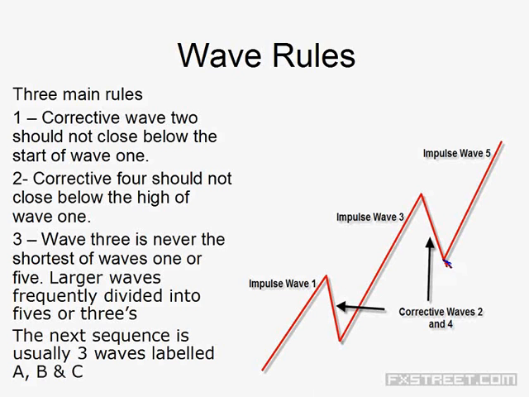And corrective wave 4 does not want to close below the peak of wave 1. Okay. Now we may well get some intraday or indeed interbar activity that will encroach on the peak of wave 1. But provided we don't get a close, then we've still got the potential for a valid wave count and for the potential for a fifth wave to move on up.